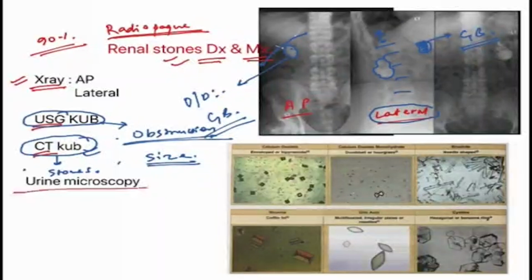Then we come towards urinary microscopy, that is, what will be the appearance of stones when seen under the microscope. So this is also a frequently asked question.